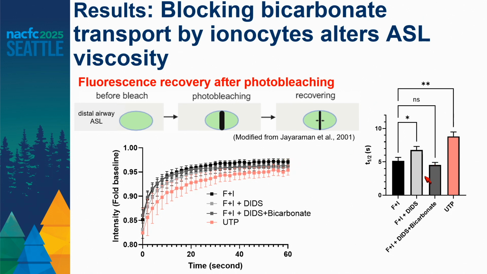However, if we put the bicarbonate ion back into the ASL we collected, it actually rescues this increased viscosity. And the ASL collected from UTP stimulation has a higher recovery time, indicating a higher viscosity. So in the UTP condition, if we stimulate the secretory cells but not ionocytes, there's an increase of viscosity.